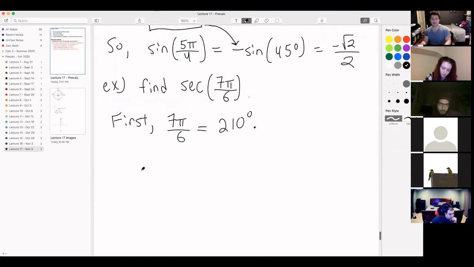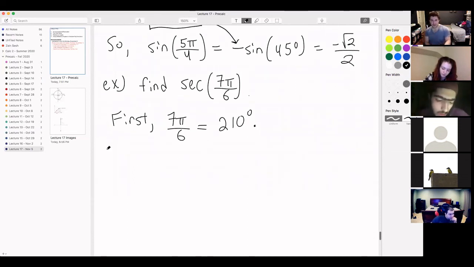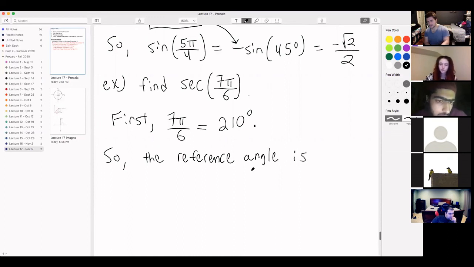Okay, good. So now let's find the reference angle. I'm going to do it quickly. It's going to be 210 minus 180, which is 30 degrees.